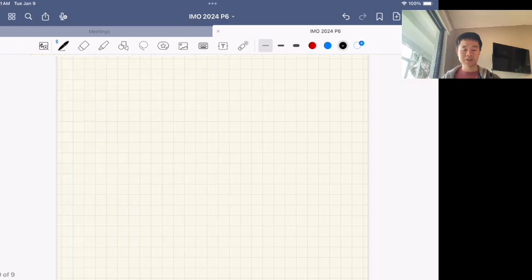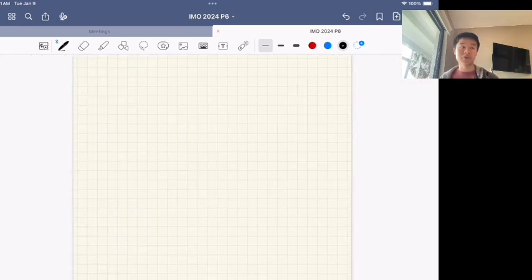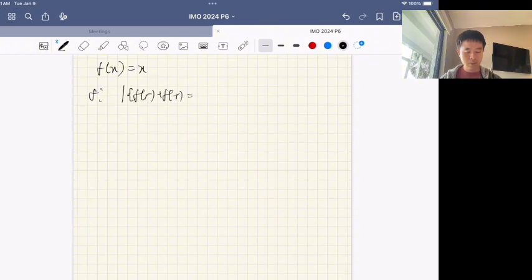Now, just to note, if we want to give an example of this being 1, then it is easy. We have f of x equals x satisfies the condition. Now, what happens if we want to show that it equals 2? Can we have such an example?